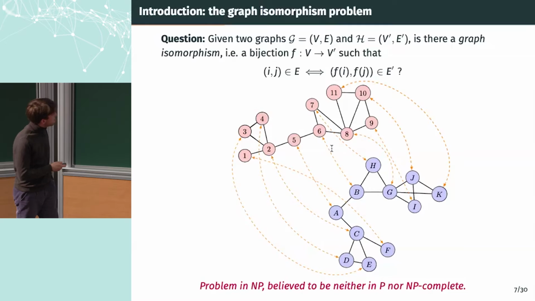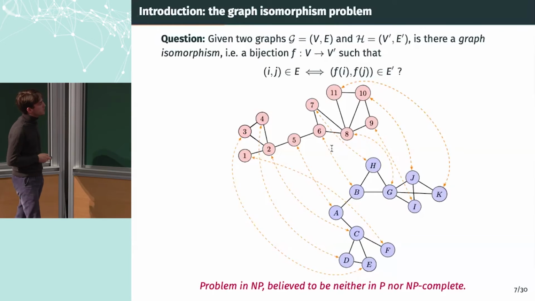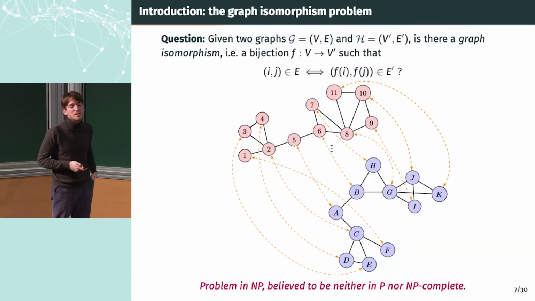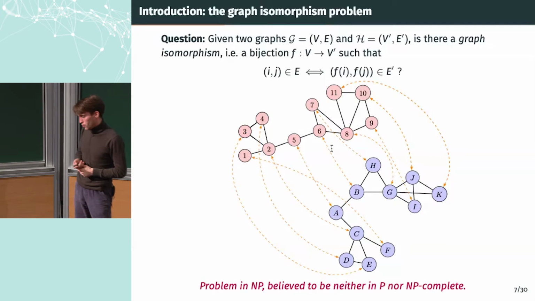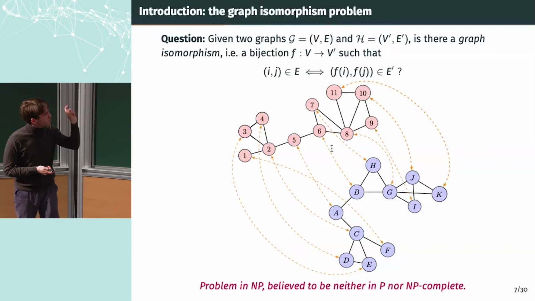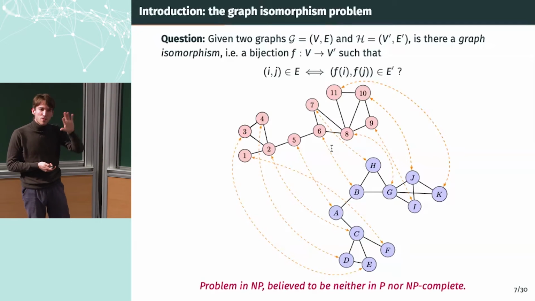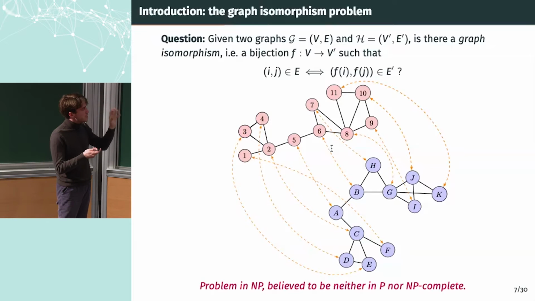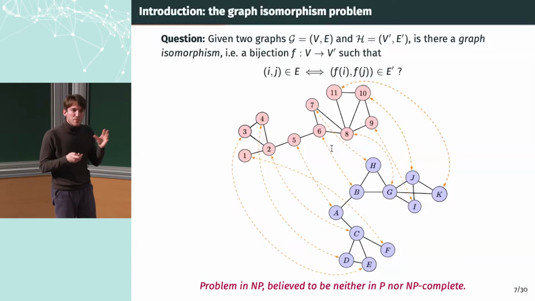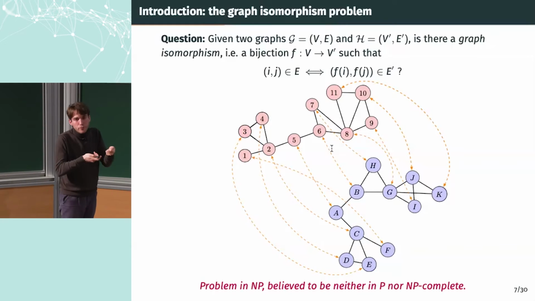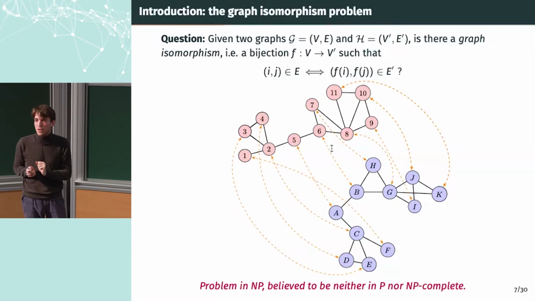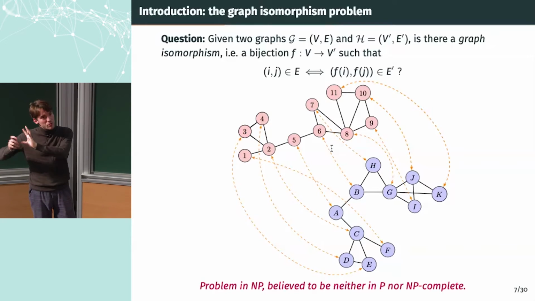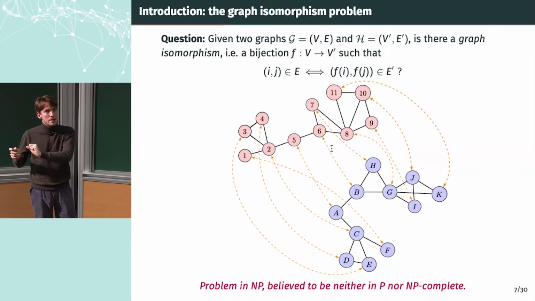This problem stands in the NP class, meaning there is no known polynomial time algorithm for this task. It's also an intriguing example because it is somehow intermediate between being polytime solvable and being NP complete, meaning being a good representative of the NP class.